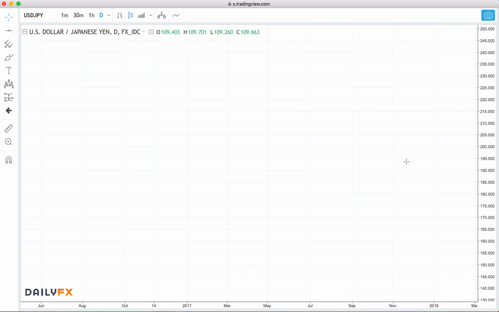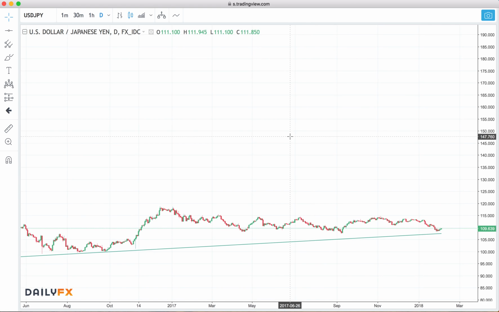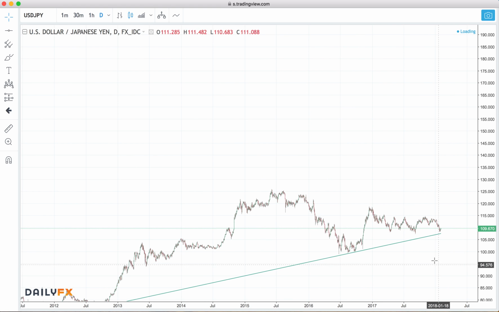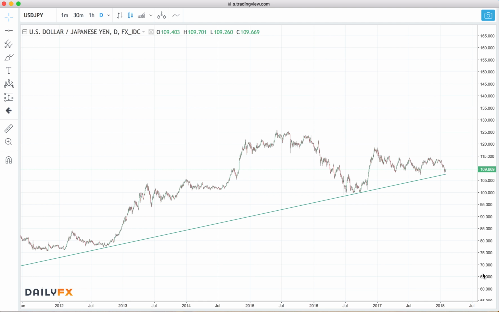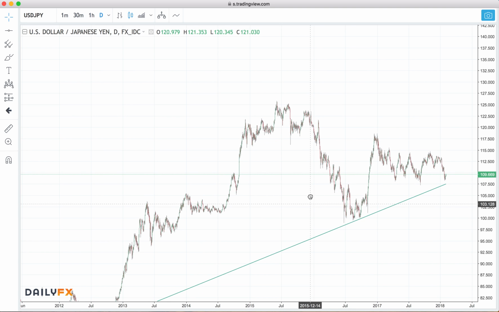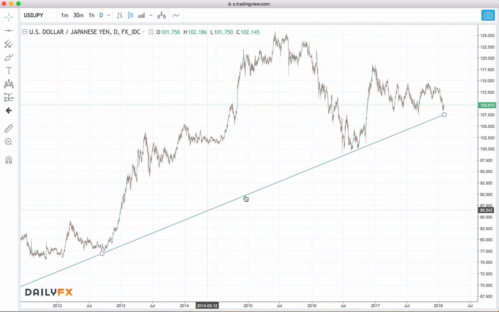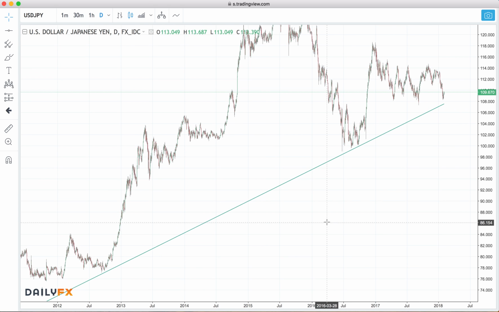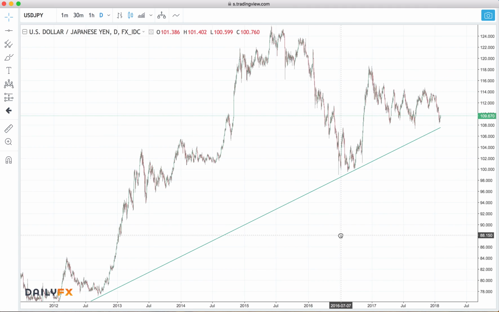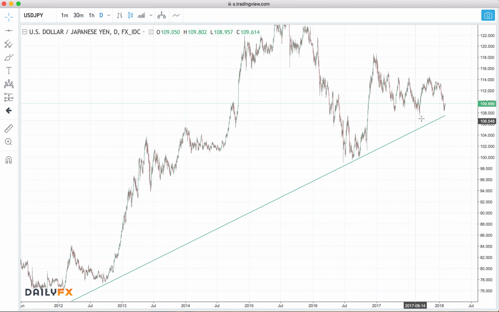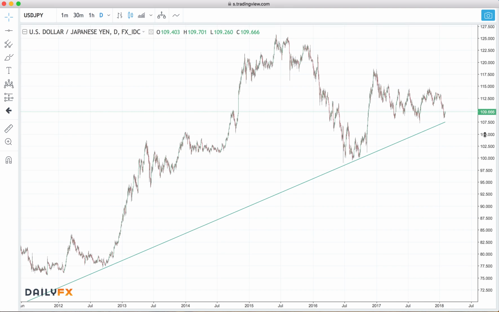Okay, zoom in. So what I have here is a support line, and my belief is that this support line is going to hold. Now, what I want to draw your attention to is, okay, so we got the A wave here.